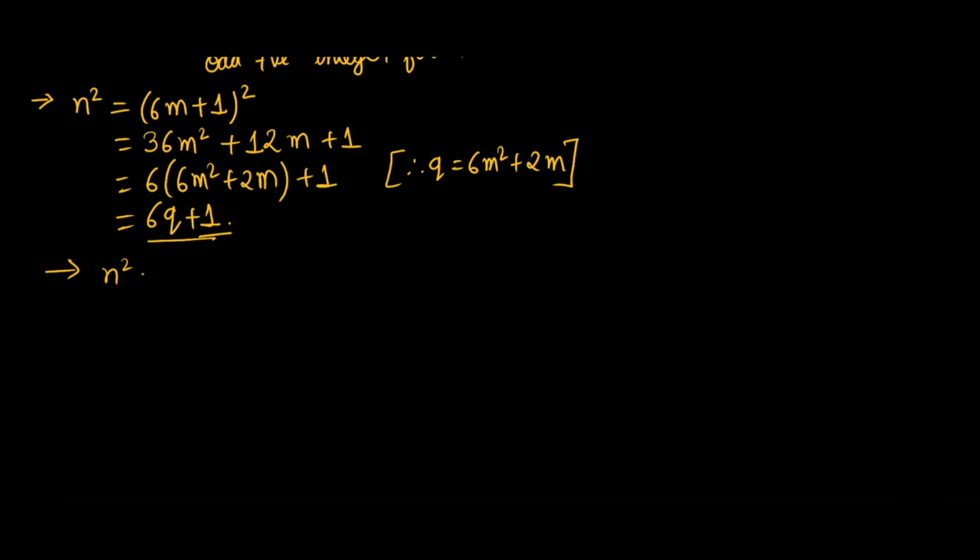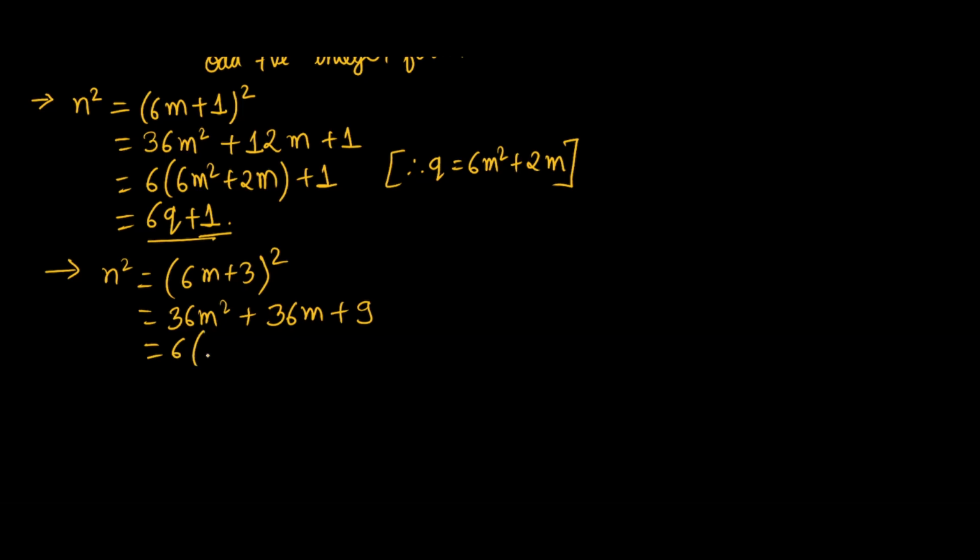So n square is equal to 6m plus 3 whole square. So 6 square is 36m square plus 2 into 6, 12, into 3, 36m, plus 9.